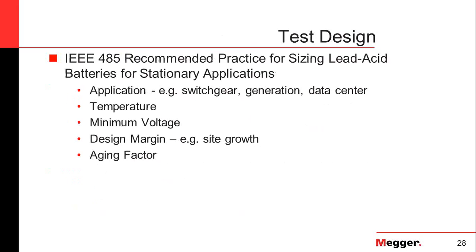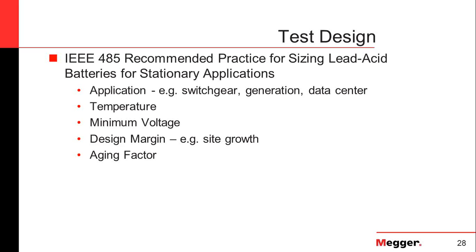Now we get into some of the aspects of the test design. There's another guide called IEEE 485. Presumably, everyone's familiar with this. These are some of the parameters that you need with regards to sizing a lead-acid battery.